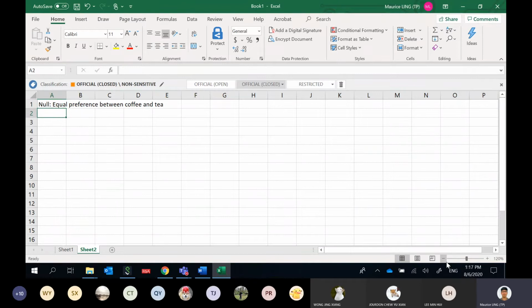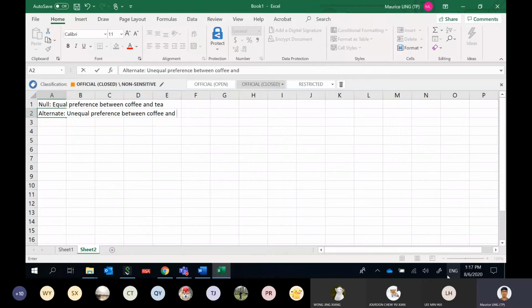My alternate hypothesis will say that unequal preference between coffee and tea. So what on earth does equal preference mean? It actually means that 50% likes coffee, 50% likes tea. That's what equal preference means.